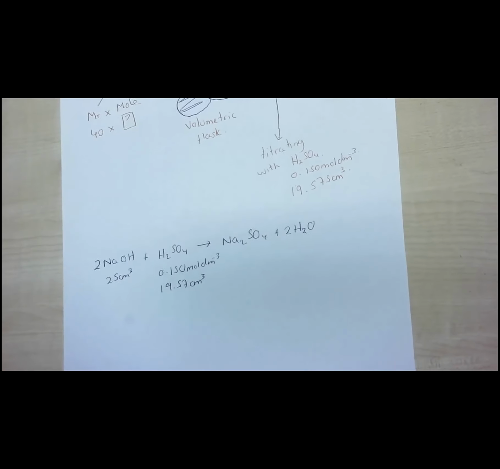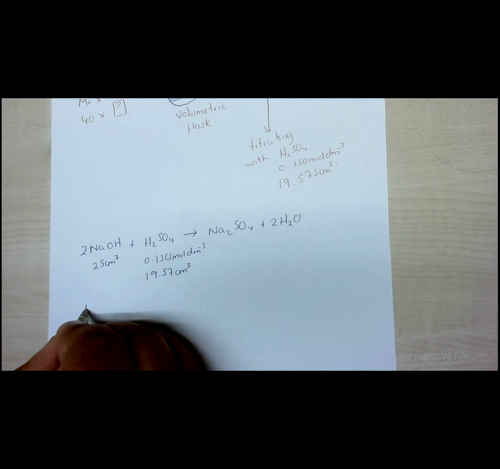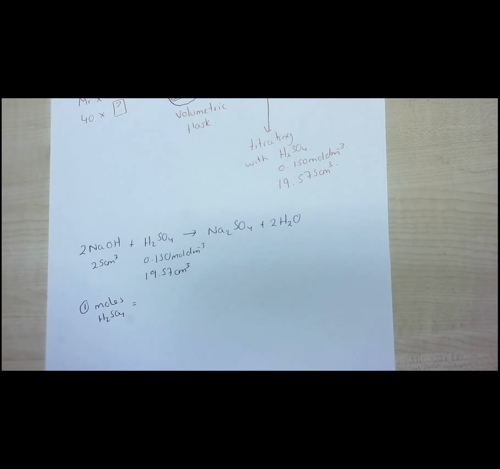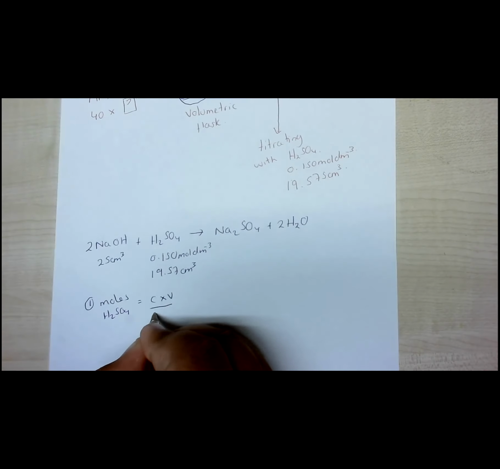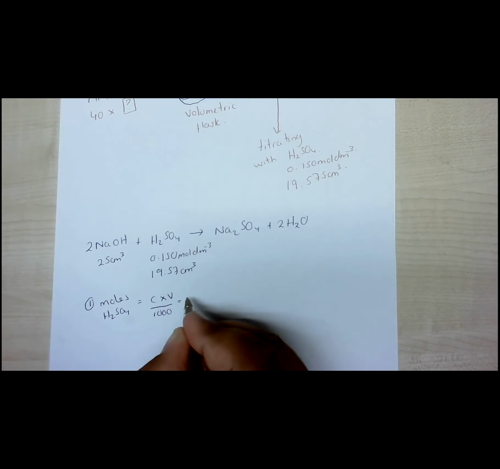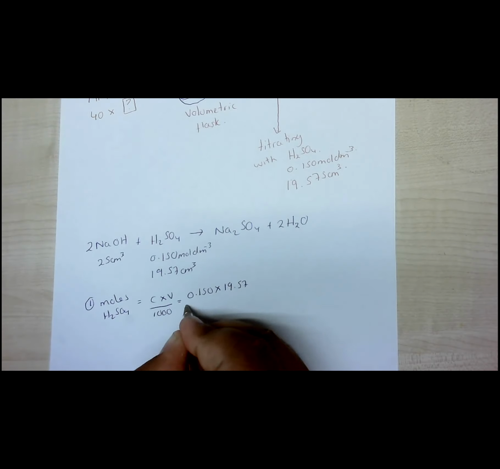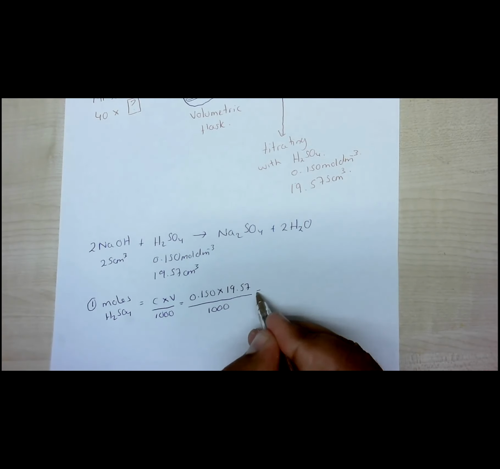If we look at this calculation now, we can work out the moles of the sulfuric acid. The moles of the sulfuric acid is going to be concentration times volume over 1,000. So that's 0.150 times 19.57 over 1,000. The reason I divide by 1,000 is to convert that into decimeters cubed.